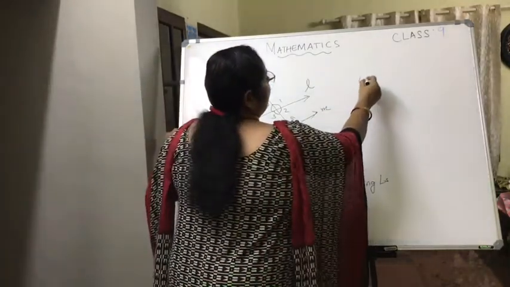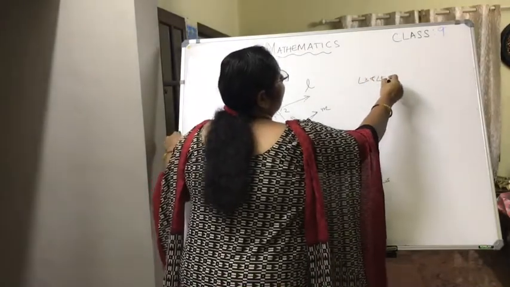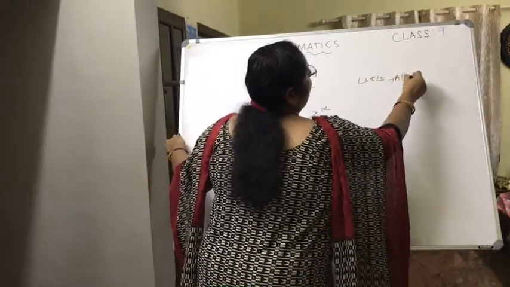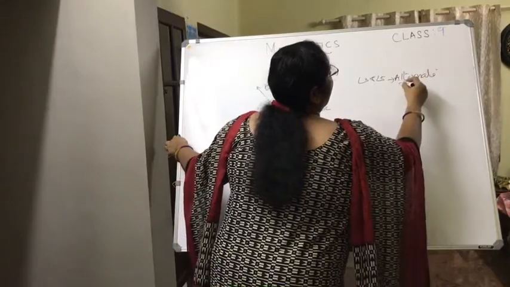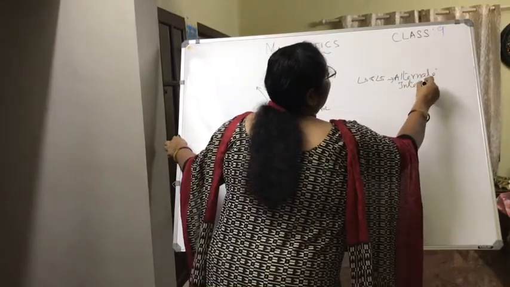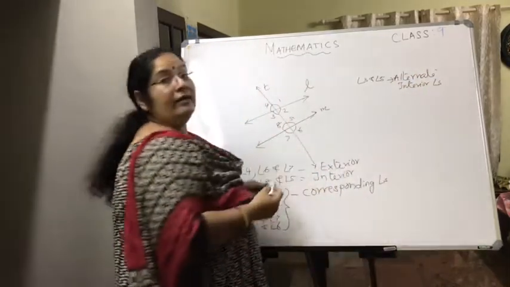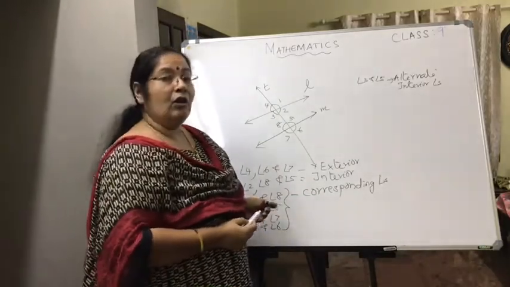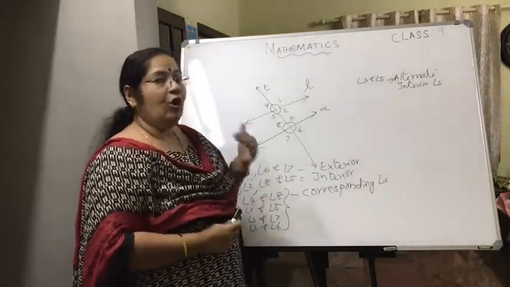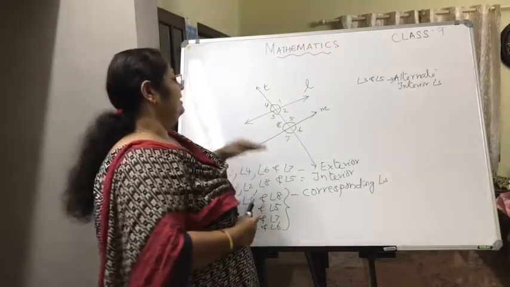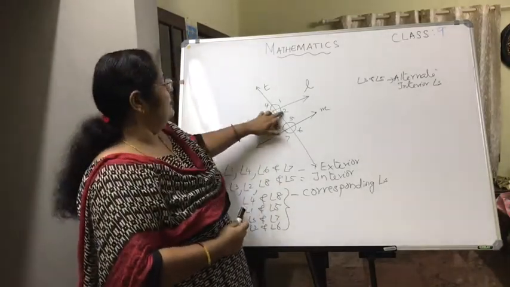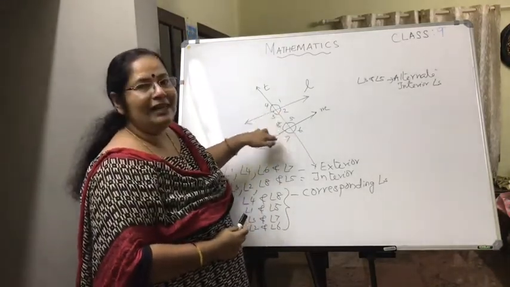So, angle 3 and angle 5 form alternate interior angles or interior opposite angles. Both are correct. The same way, you look at angles 2 and 8. 2 and 8 are placed where?